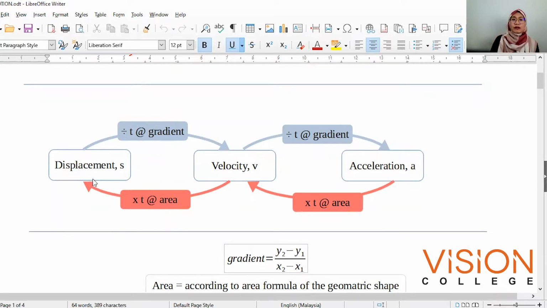Remember, going from displacement to velocity to acceleration, you have to find the gradient. The opposite way, you have to find the area. In terms of calculation, you divide by time going from the biggest to the smallest value, and vice versa, you multiply by time or find the area.